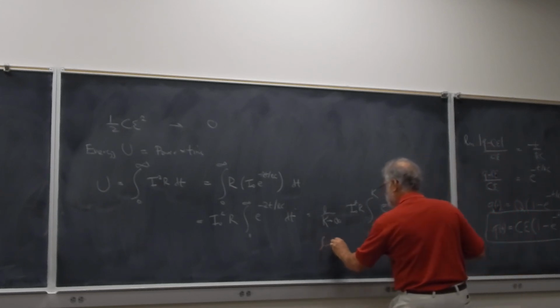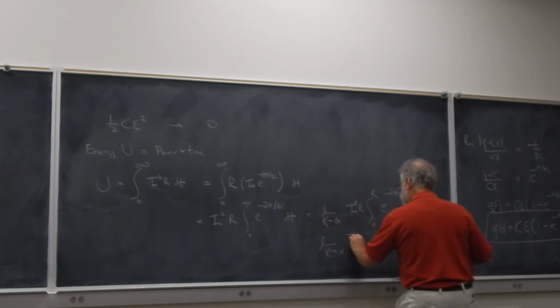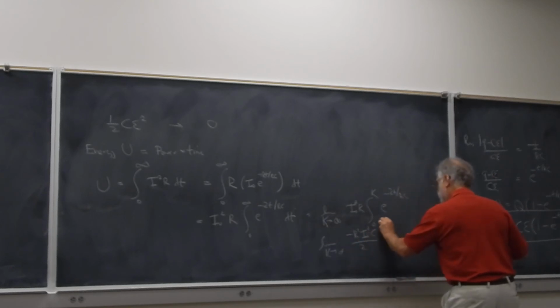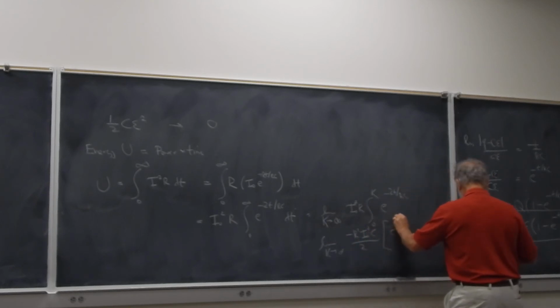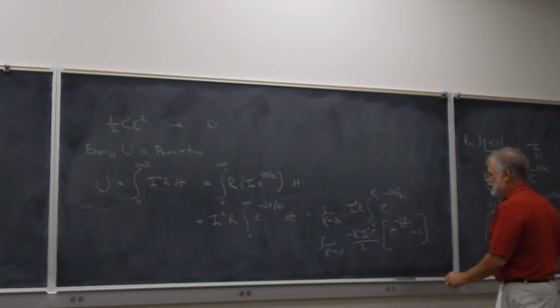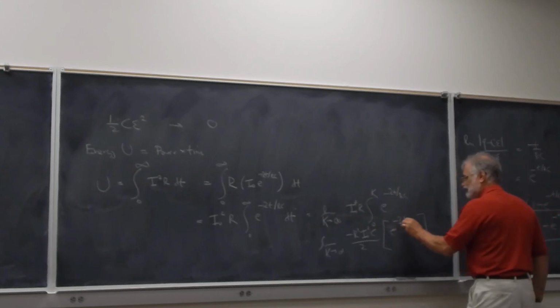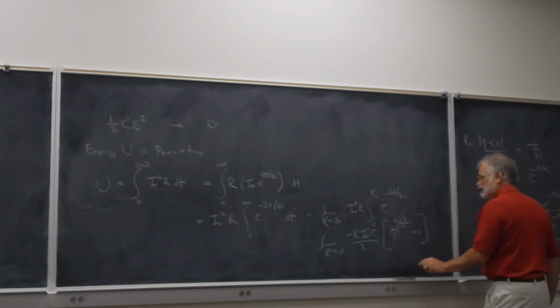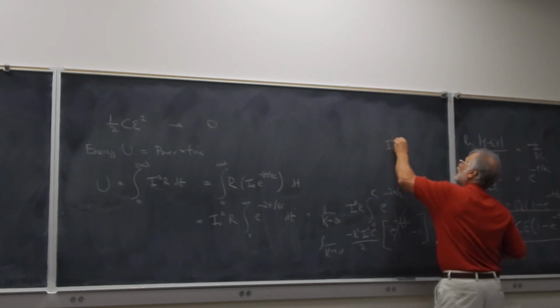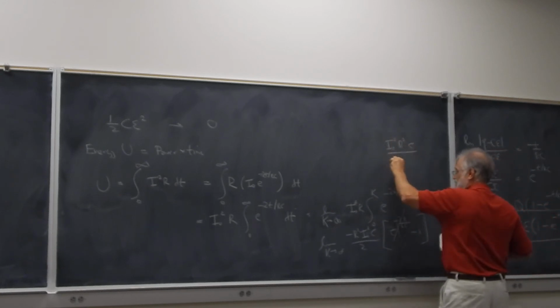So I'm going to take the limit as k goes to infinity of minus R squared I naught squared C over 2 times e to the minus 2k over RC minus 1. Notice what happens. Take the limit as k goes to infinity. This term goes away. And so what I end up with is I naught squared R squared C divided by 2.